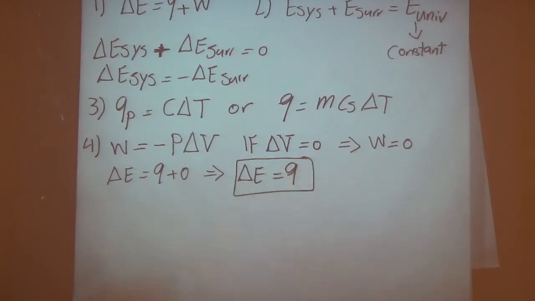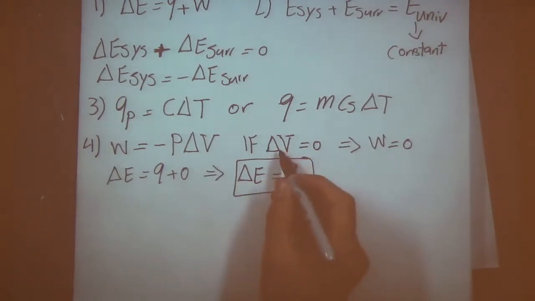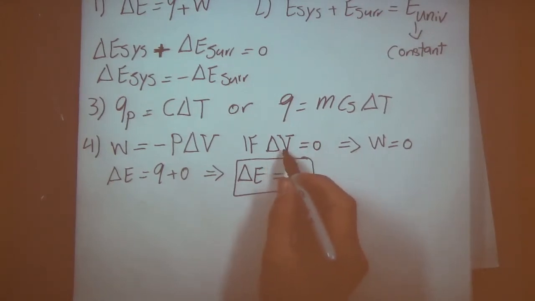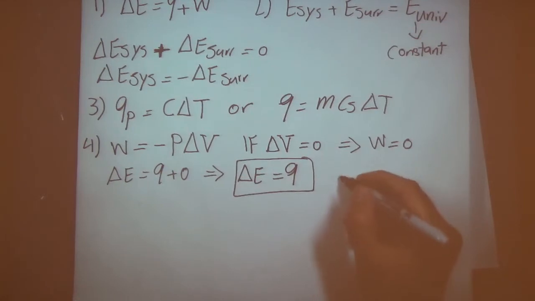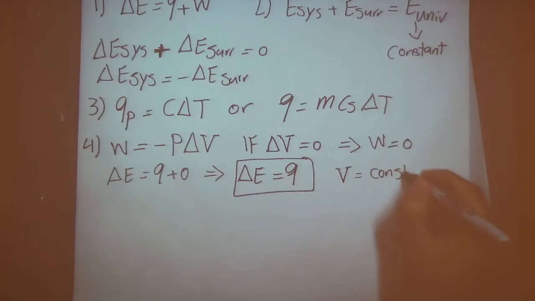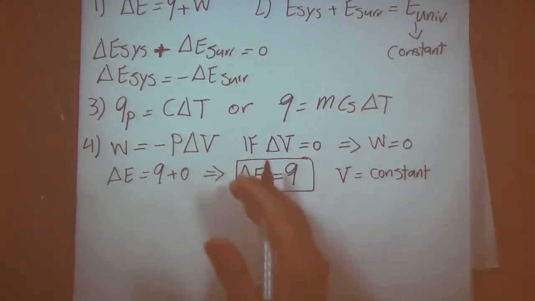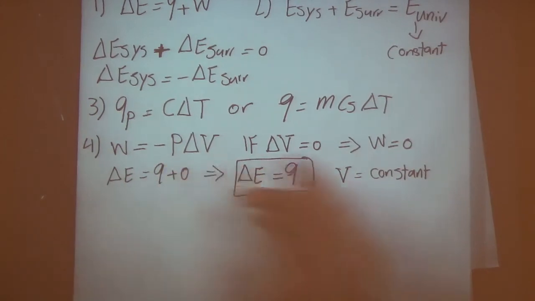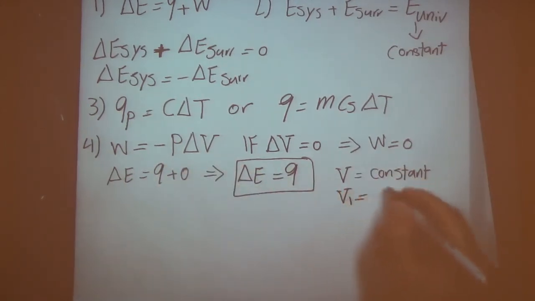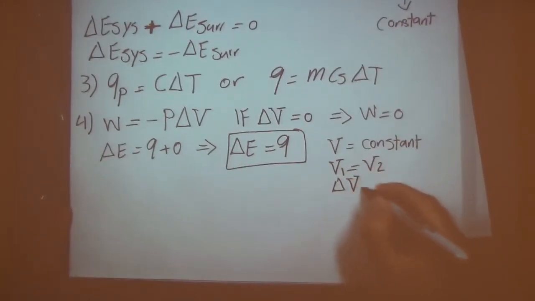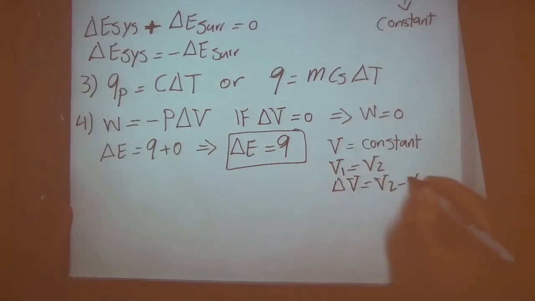I'm going to talk about this. We said delta V is equal to 0. How is delta V equal to 0? Volume was constant. You did an experiment, and there was no change with the volume. If there is no change with the volume, then V1 is equal to V2, and delta V is equal to V2 minus V1, which is equal to 0.